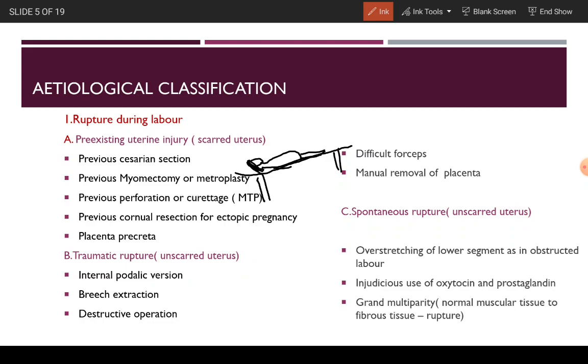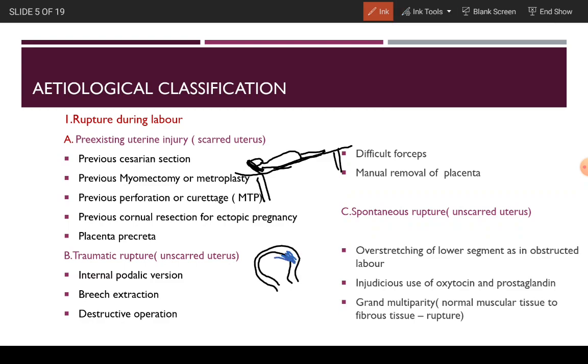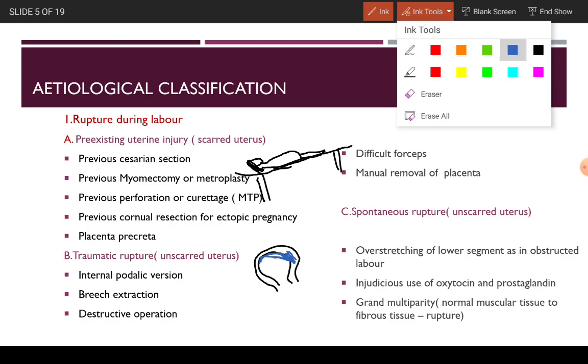As we have said, she previously had a CS, or previously some curettage was done, or placenta percreta. All these things, some kind of intervention already done in the uterus, mean her uterus has got a scar. That may be the reason.